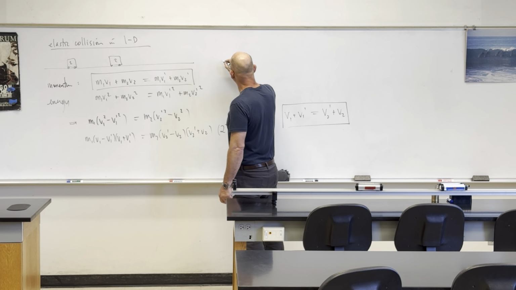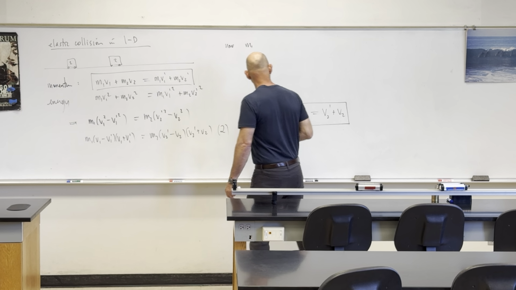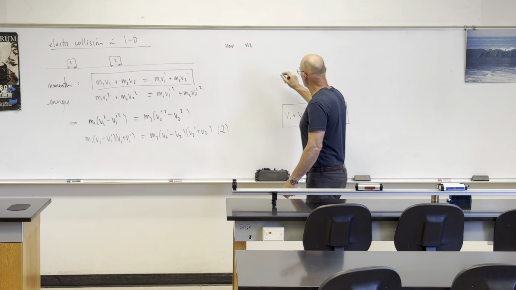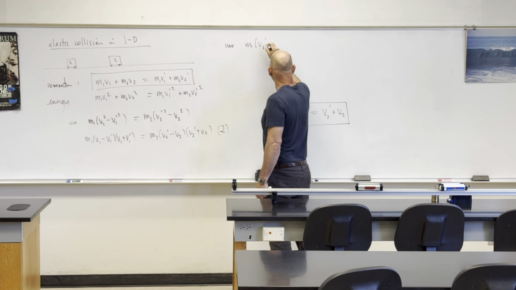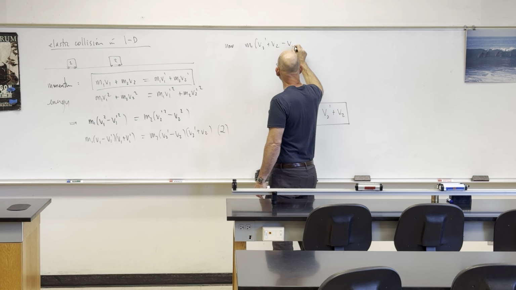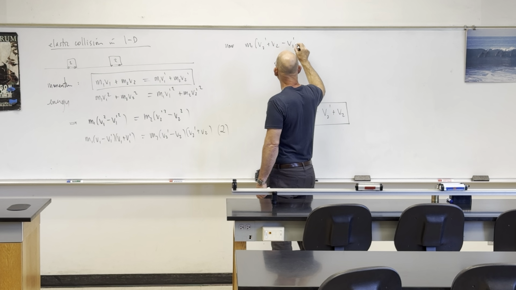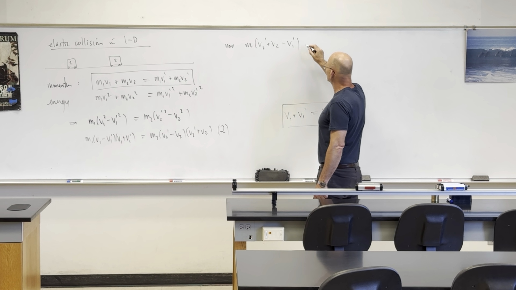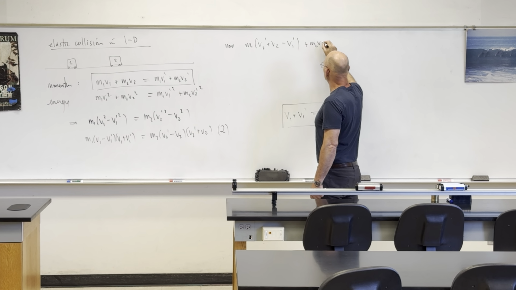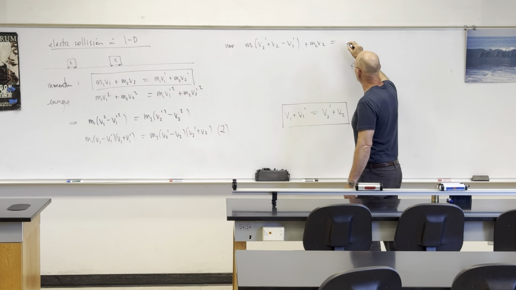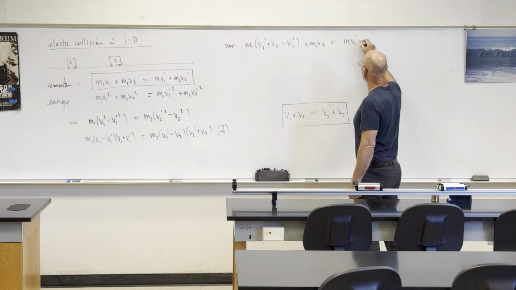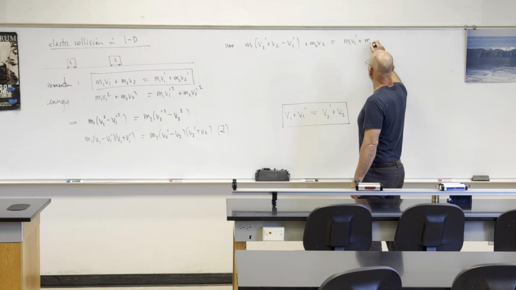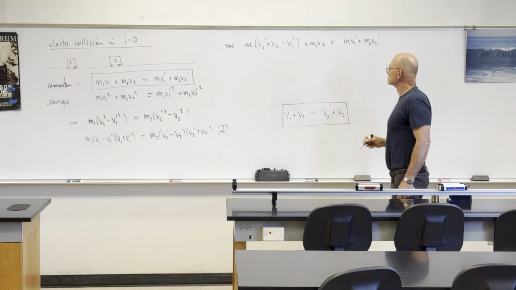So we're going to have M1, and the V1 is V2 prime plus V2 minus V1 prime, plus M2 V2 equals M1 V1 prime plus M2 V2 prime.